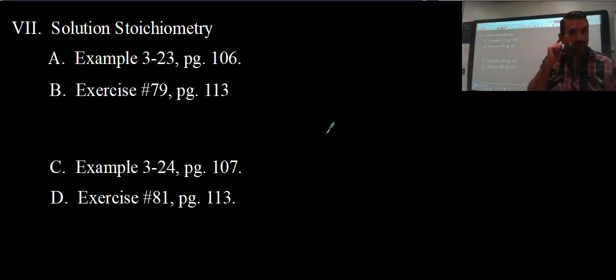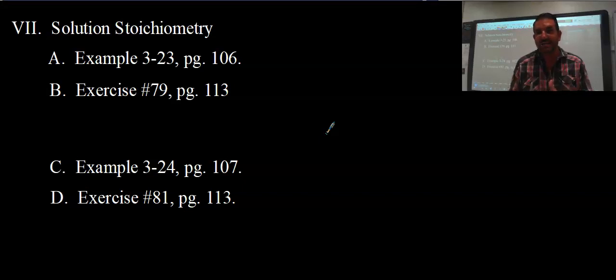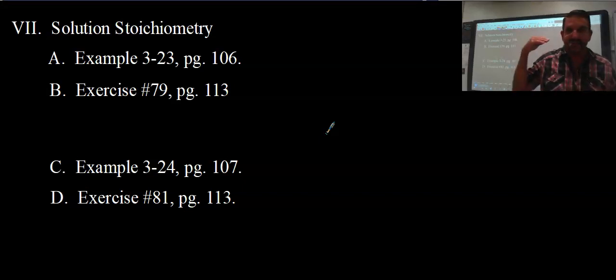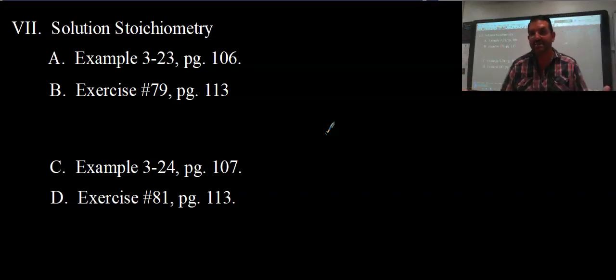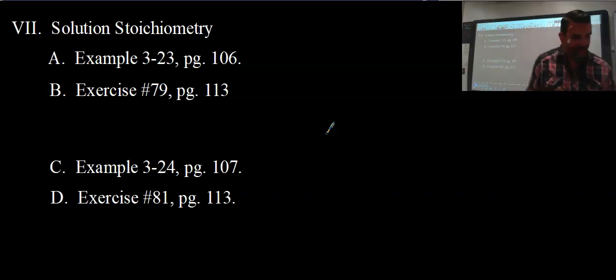So sure, we're starting with grams of one reactant, and we're going to use that to find moles of another reactant. So again, we have the molarity of the other reactant. We're trying to find volume. So thinking about the formula for molarity, we need to find moles of H2SO4. As it shows in the book, convert the grams of sodium carbonate to moles of sodium carbonate using molar mass, then use the mole ratio to get moles of sulfuric acid.